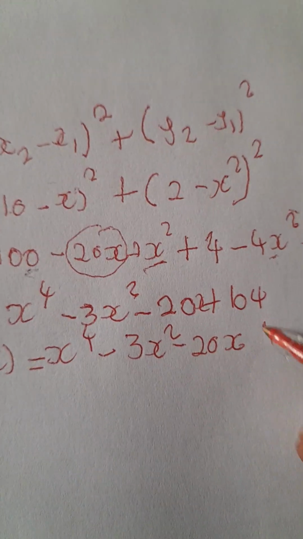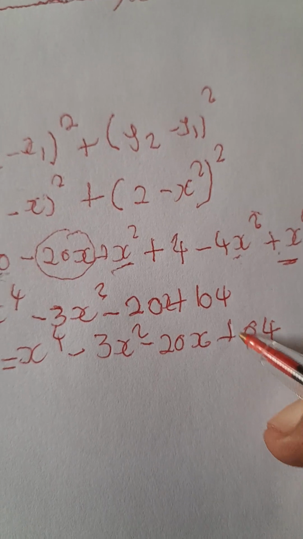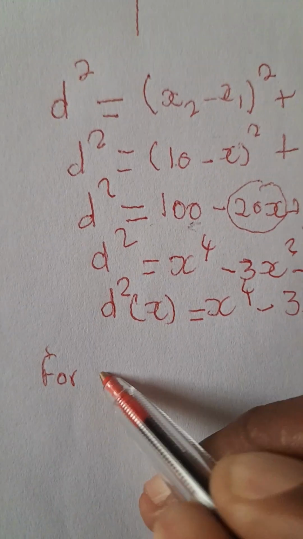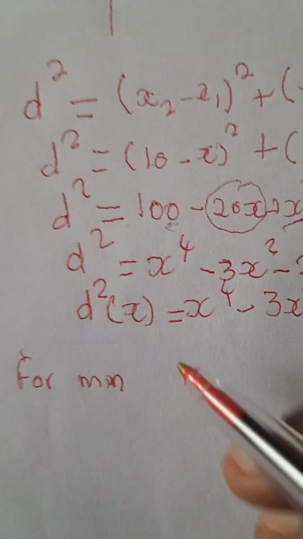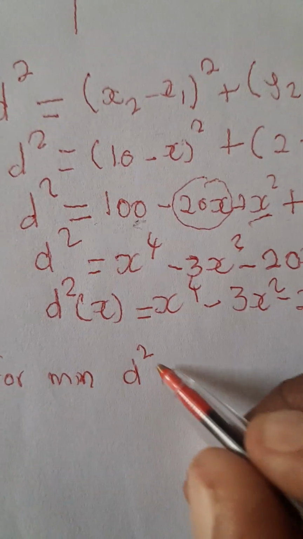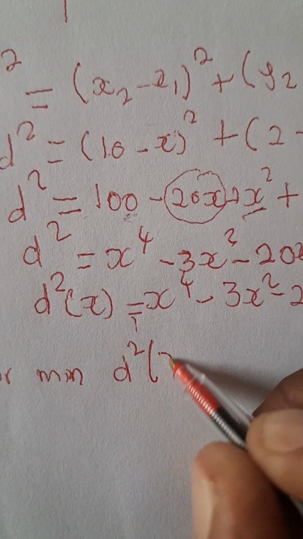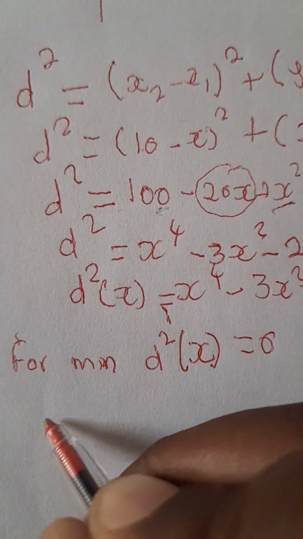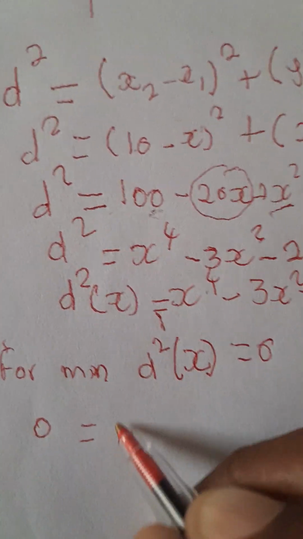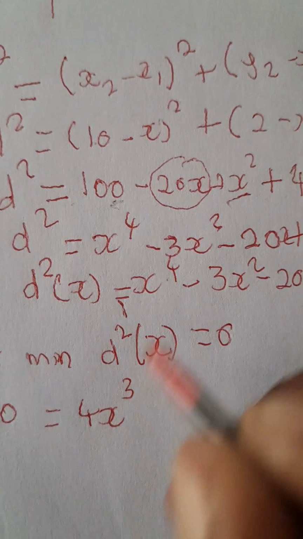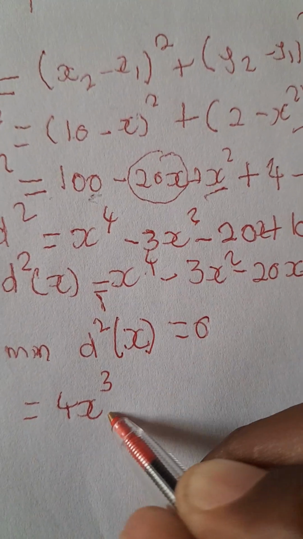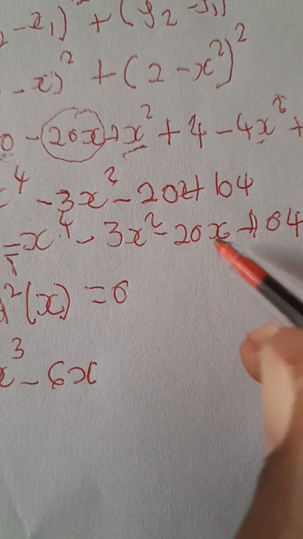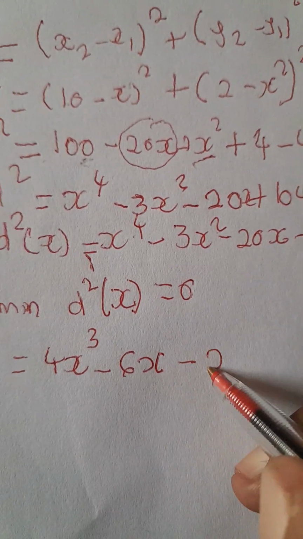Since they said we must find the minimum, remember for minimum or maximum we use the first derivative. So we have d squared prime, which will be equated to 0. Let's differentiate: it will be 4x cubed minus 6x minus 20.